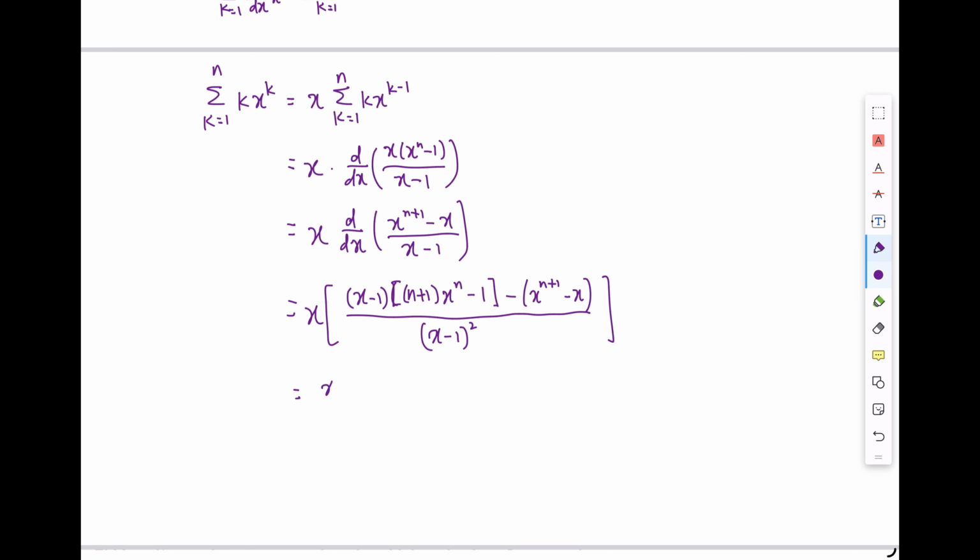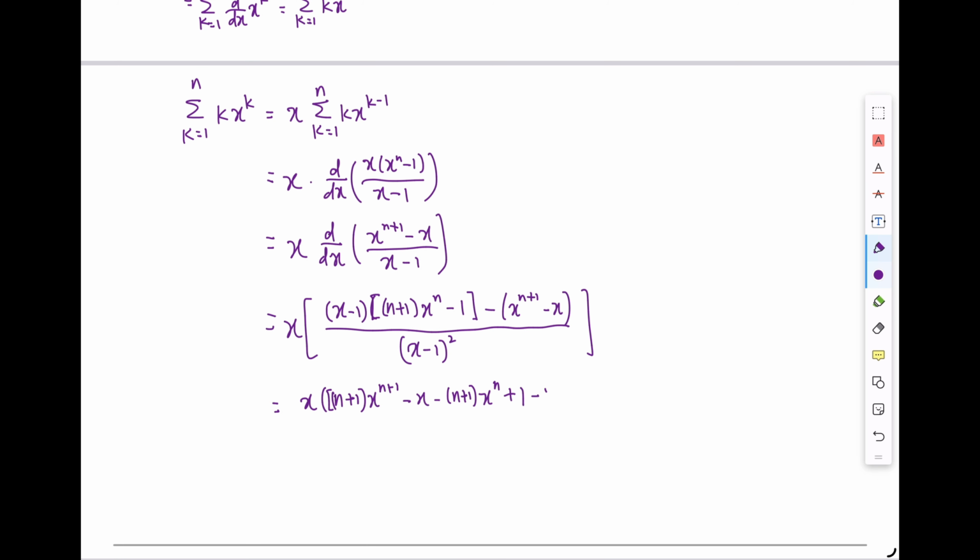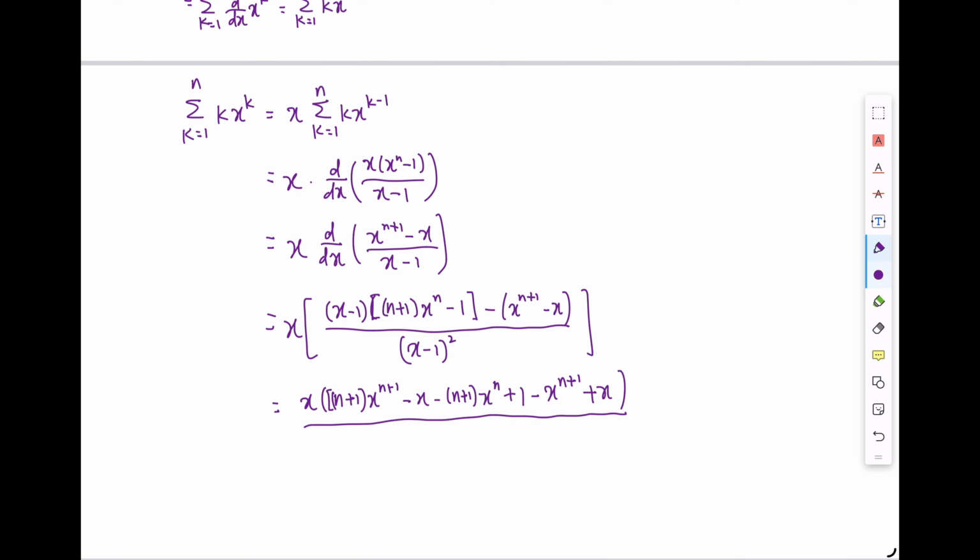So now I just need to expand and simplify. n plus 1 x^(n+1) minus x minus (n+1) x^(n+1)... plus x divided by x minus 1 squared.